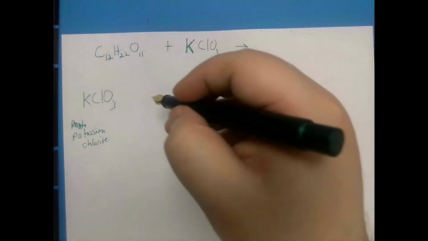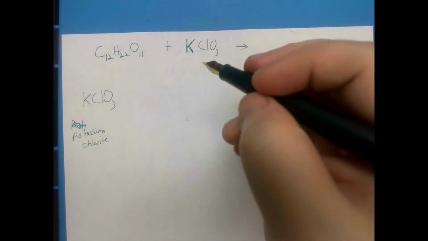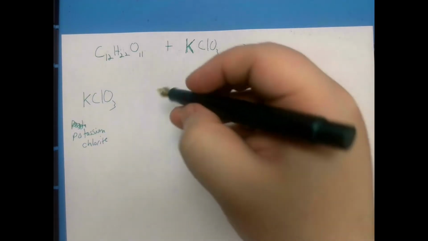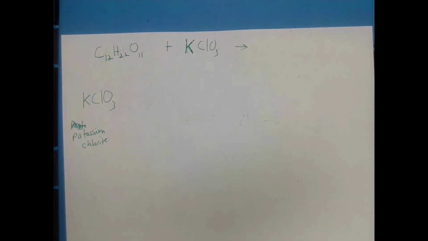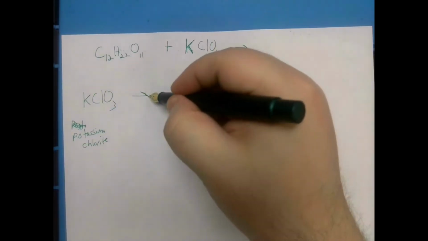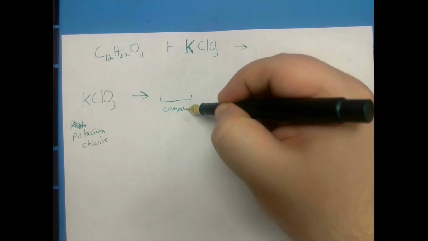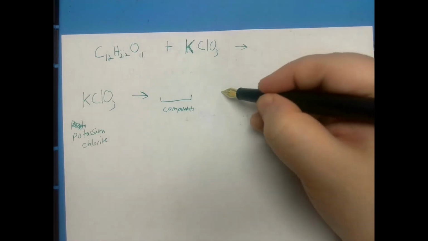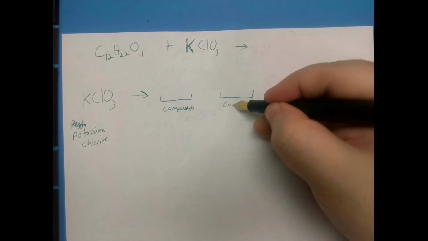So what would it decompose into? So chlorate is an ion. Ions don't exist by themselves. So we have to make it decompose into two compounds. They have to be compounds, key thing. What are two possibilities for these compounds?